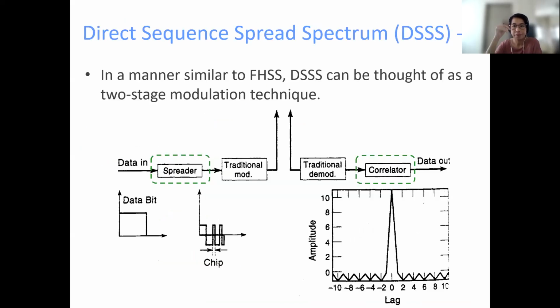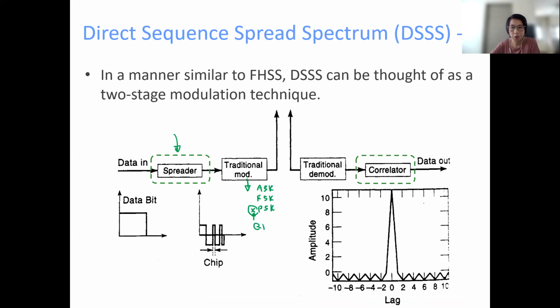Okay, let's see. For direct sequence spread spectrum, there is also a two-stage process. It has the spreader here before the traditional modulation. So here it can be ASK, FSK, PSK, and can be some number, okay?